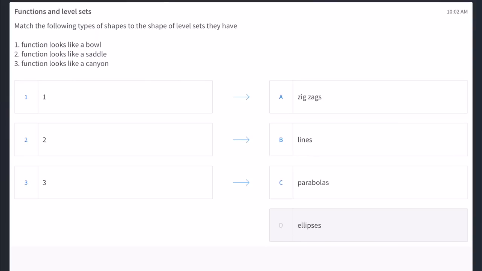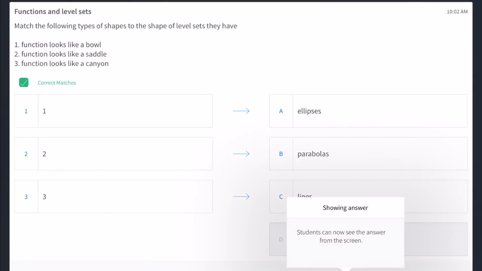All right, welcome back. Hopefully you didn't find that too difficult. If you went back and looked at the graphs of the functions that we studied, you would see that for a bowl-like function, when you took levels, those levels looked very much like ellipses. In fact, they are ellipses. In some cases, there would be circles. For example, x squared plus y squared would give you a circle.